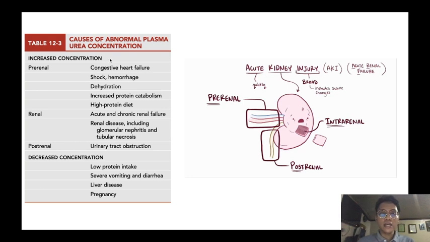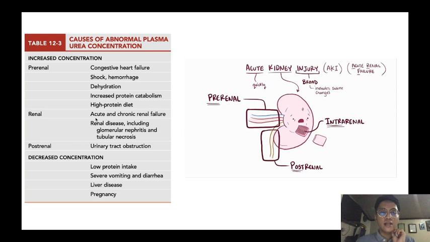Basta mga CHF, shock, hemorrhage, dehydration, those are pre-renal causes of azotemia. So, ito, increased protein catabolism, I already said that earlier. Diba kasi pre-renal siya kasi wala namang sira sa kidney mo. Before siya pumunta sa kidney, yun ang pathophysiology. And then again, high protein diet. Okay? So, we're done with pre-renal.